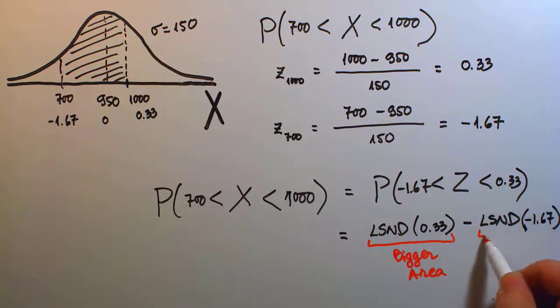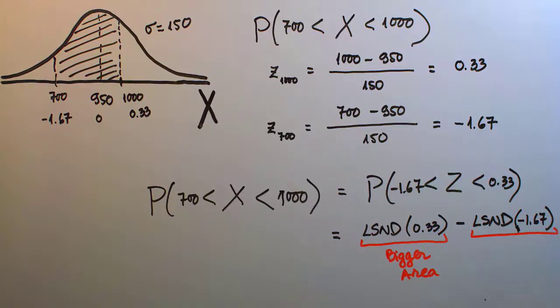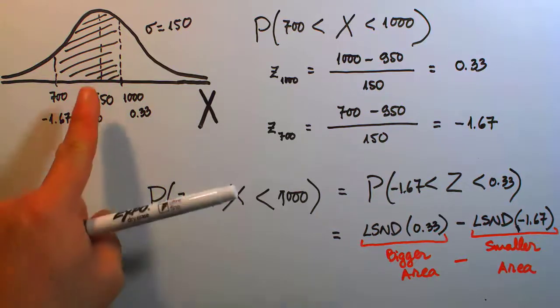And this answer from running the LS&D program on the lower z-score gives us what I used to call the smaller area. So on any bell curve, all it takes is the bigger area minus the smaller area. That gives us the area between.